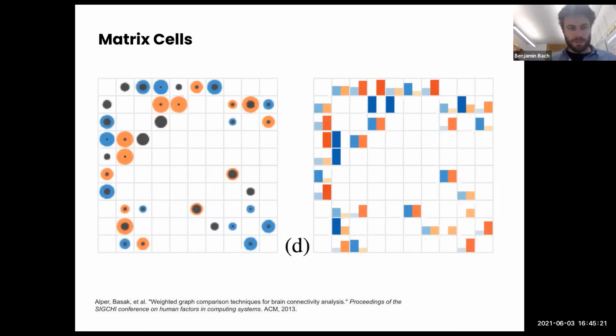Again, matrices are very interesting. We can compare two networks. So here in this study, we have encoded the difference between edge weights in two different networks. Think of, you want to compare a social network before the lockdown and after the lockdown, for example, and see which relationships have increased, which relationships have decreased.